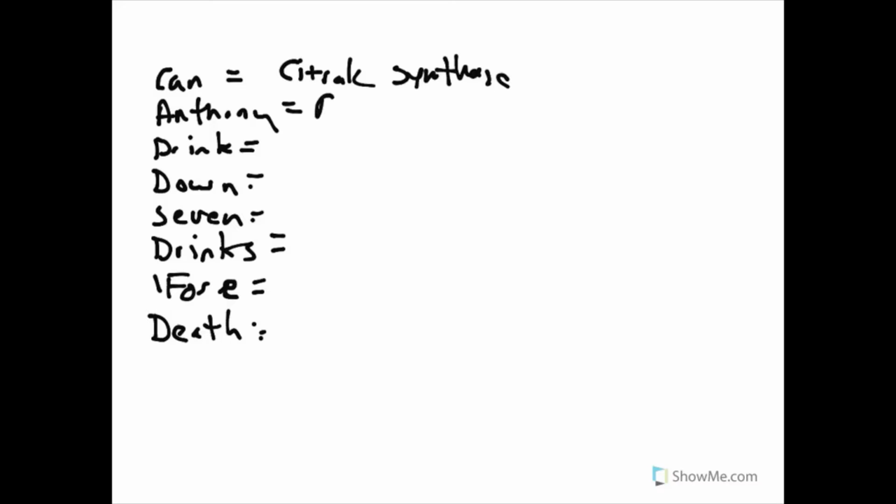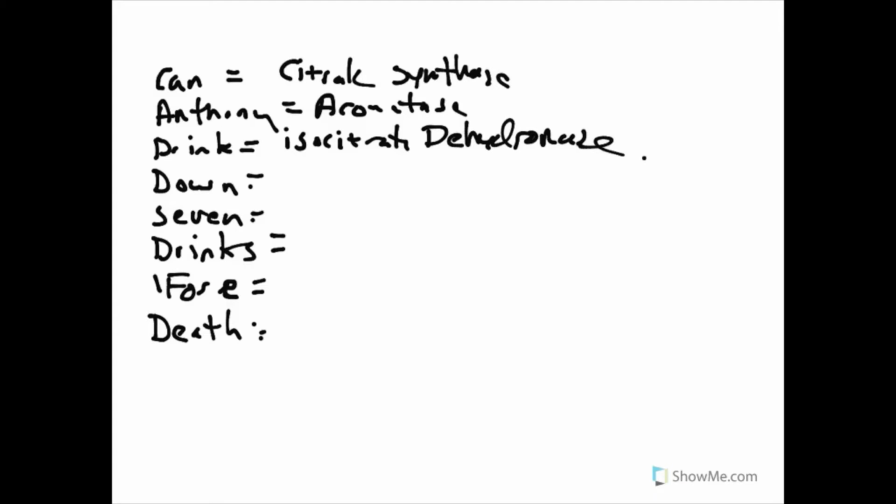Now, Anthony, our next one is called aconitase. Pretty easy because we saw that we had isocitrate we were working on. Then isocitrate dehydrogenase. Dehydrogenases, remember, are involved in transferring electrons to electron carriers.